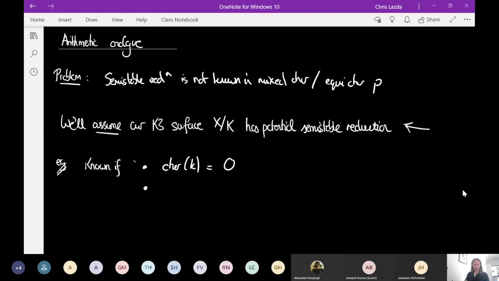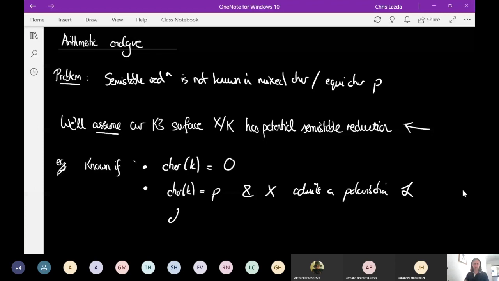It's also known if the residue field has characteristic p and X admits a polarization of small degree relative to the characteristic.